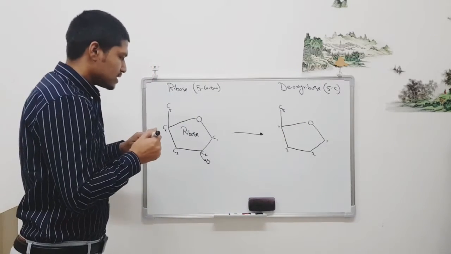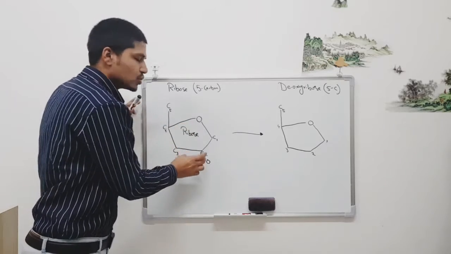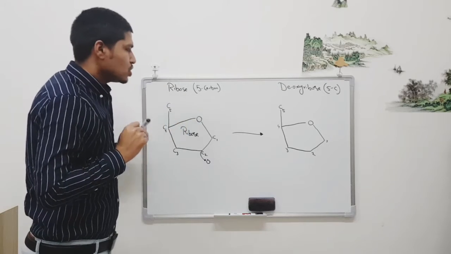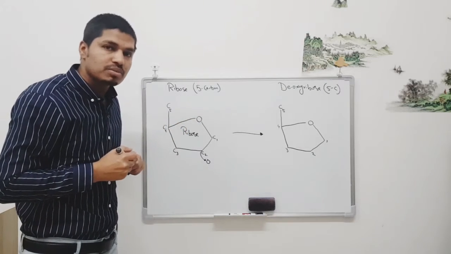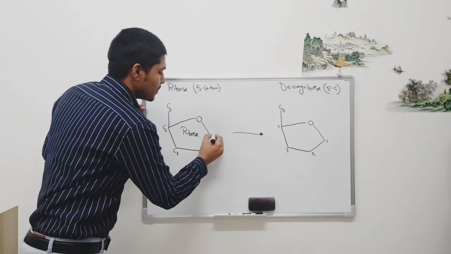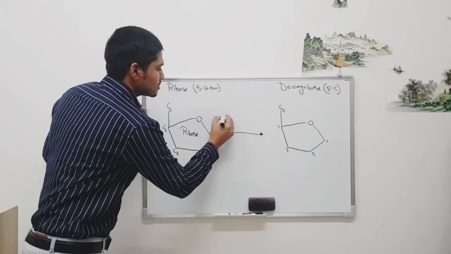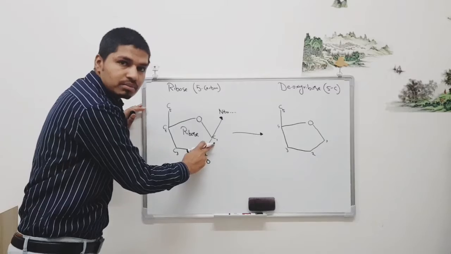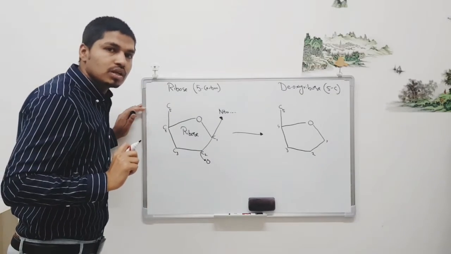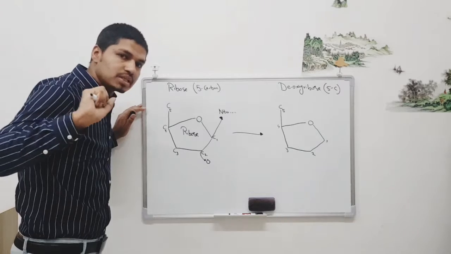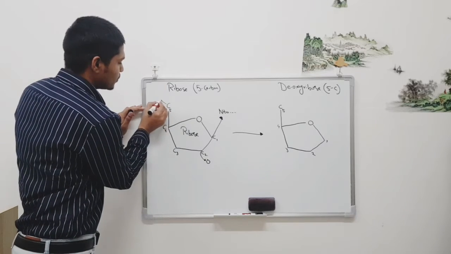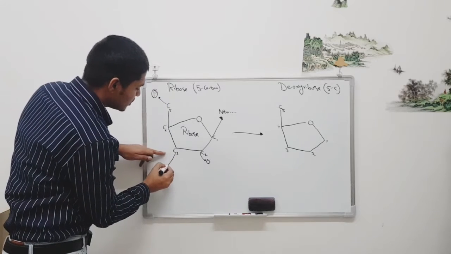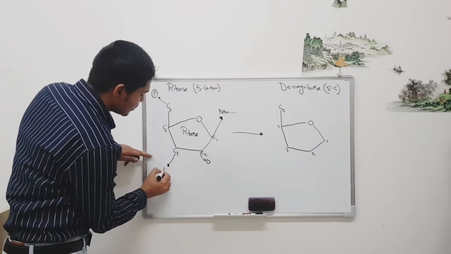As we just learned, a sugar molecule attaches to a phosphate and a nitrogenous base. The nitrogenous base always attaches to carbon number 1, and the phosphate molecule can attach in two places: either carbon number 5 or carbon number 3.